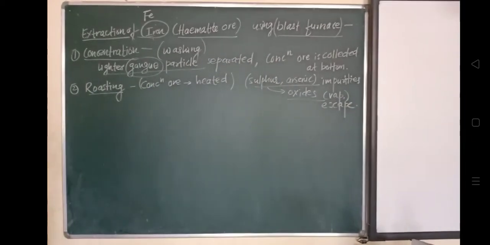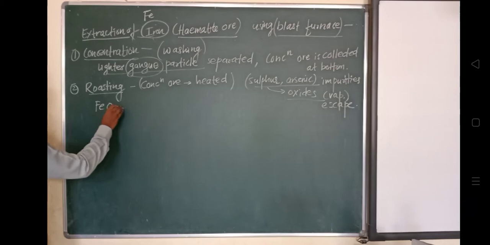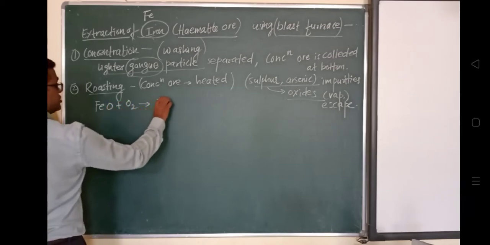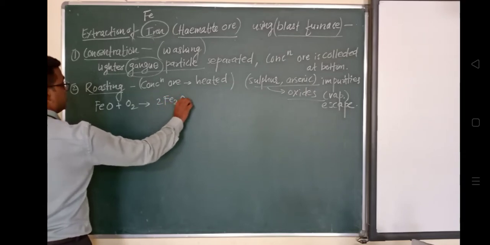So this is the second process. Ferrous oxide in the ore is converted to Fe2O3. After heating, ferrous oxide gets converted into Fe2O3, ferric oxide.